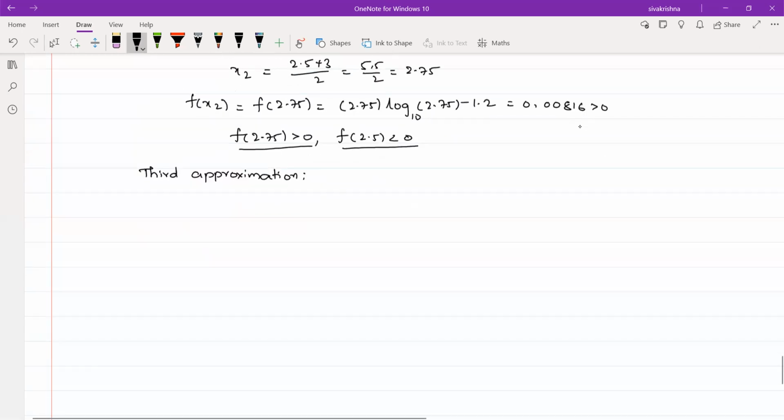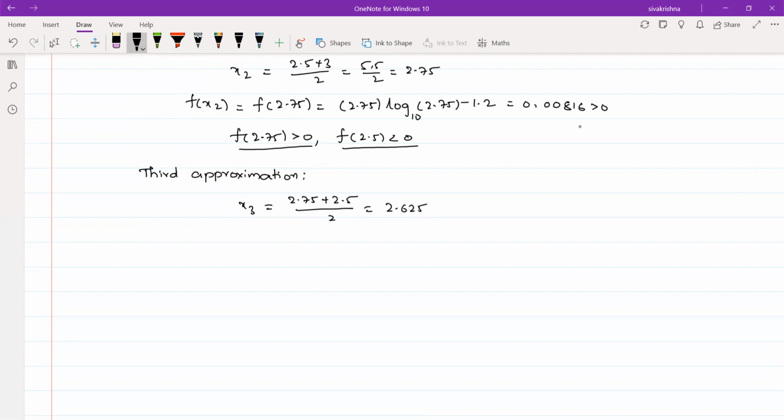Okay, so x3. Once again, we have to find the average of the two numbers which have opposite signs, and the numbers are 2.75 plus 2.5 by 2, which is equal to 2.625.